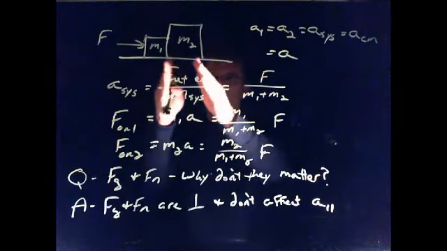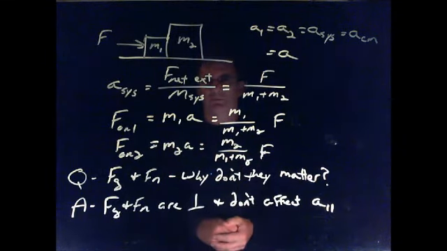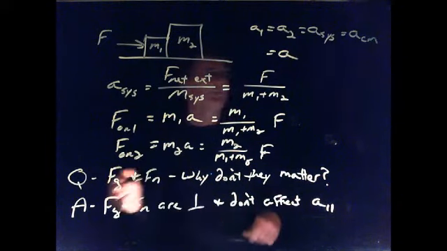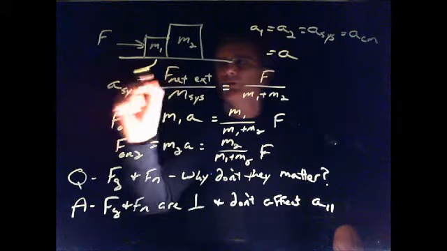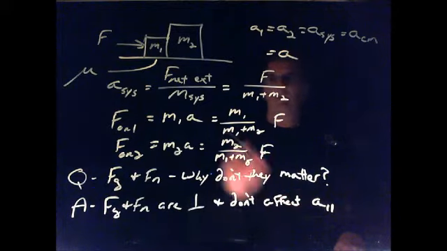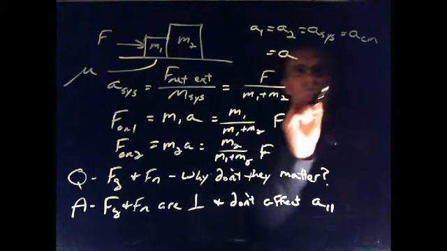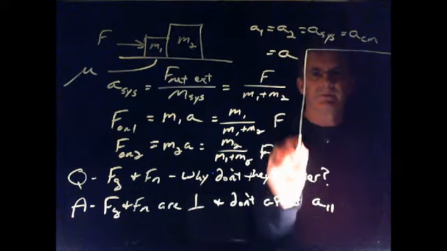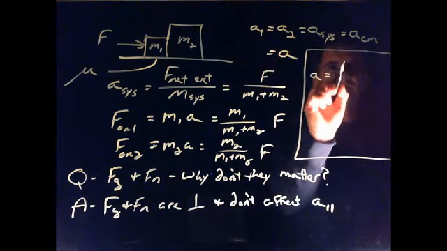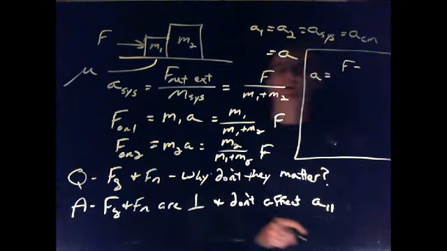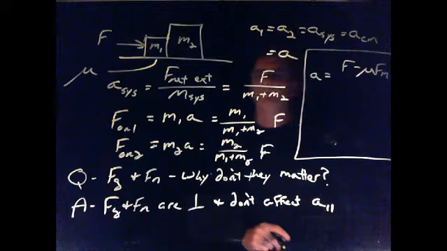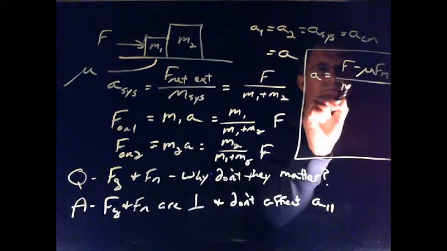If there's friction on those blocks, that's going to be an external force, and I've got to factor that in. Let me do that right here real quick. So let's say we have a coefficient of friction, mu, between those two blocks. The acceleration is my net external force. So let me just block off this part. The acceleration is going to be my net external force, which is my pushing force minus the force of friction, which is mu Fn, over the mass of the system.